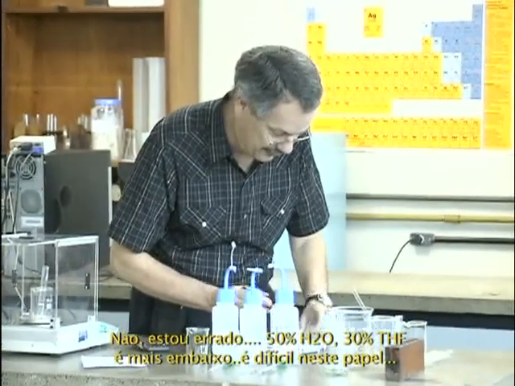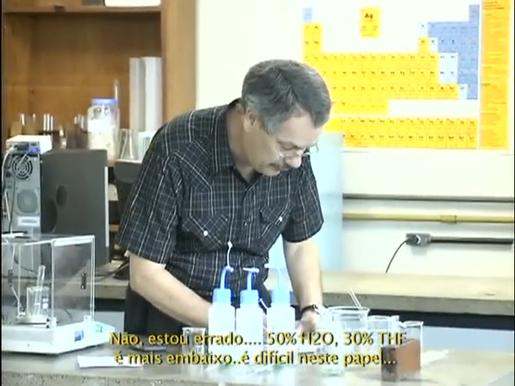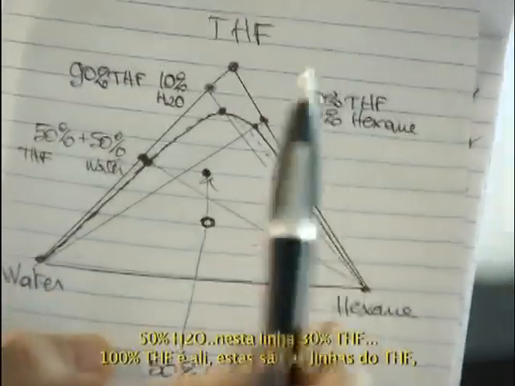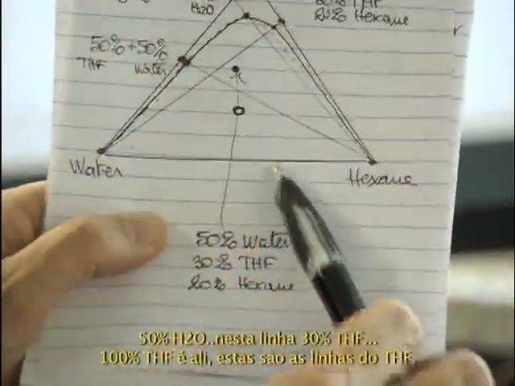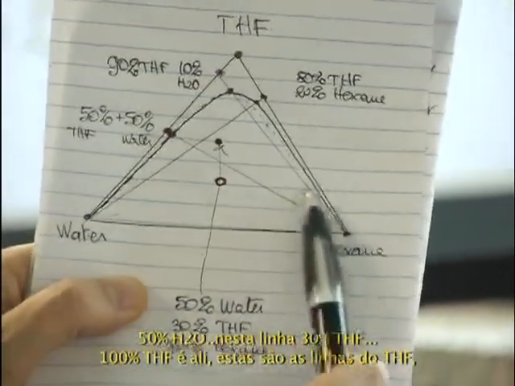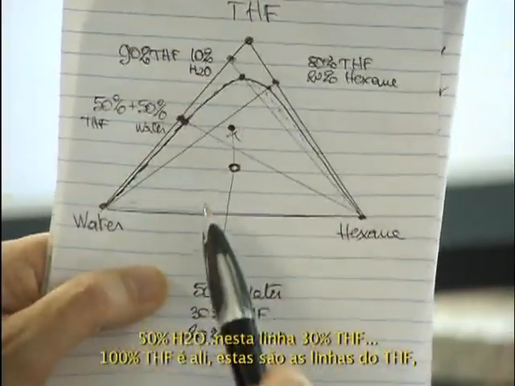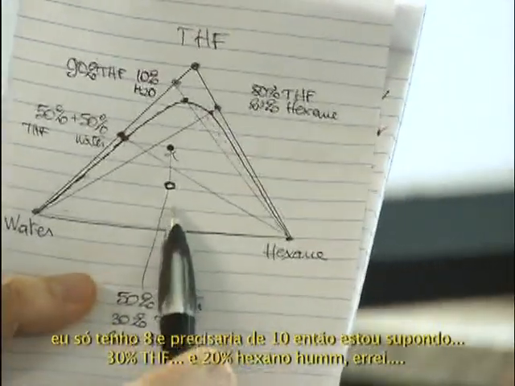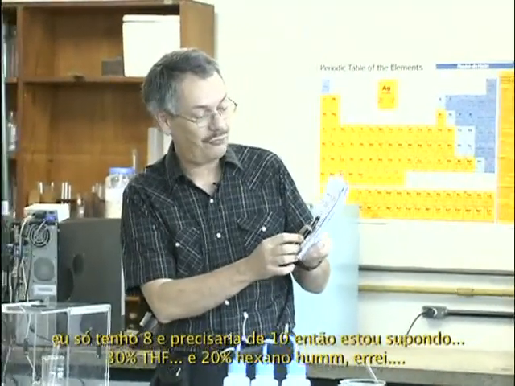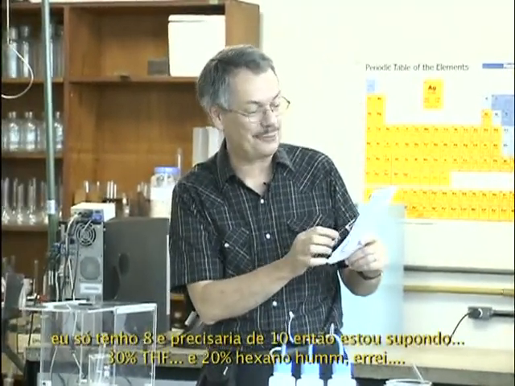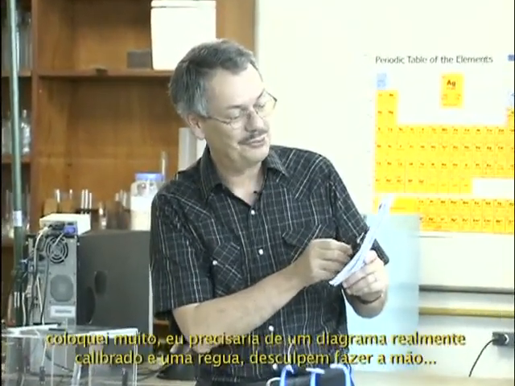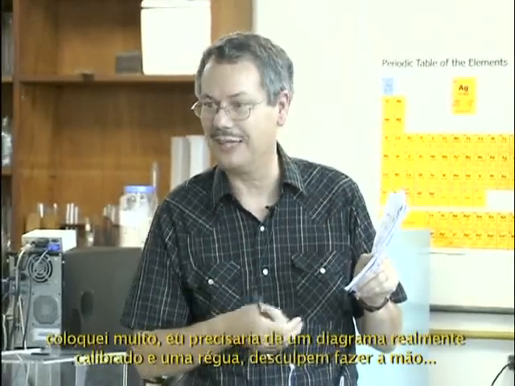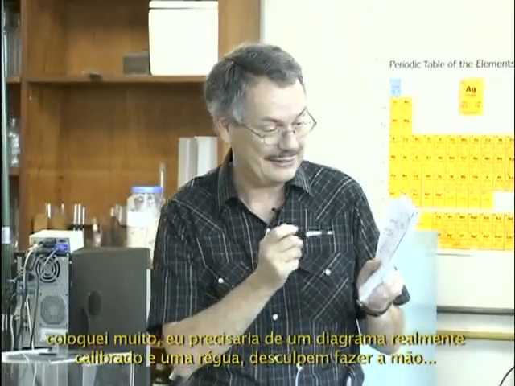It's difficult on such a diagram. 50% water on that line, 30% THF, THF 100% is there. These are the THF line, but I have just 8, no, not 10, so I am guessing. 30% THF and 20% hexane, this is wrong, I put too much. I would need a real calibrated diagram and a ruler. I'm sorry to do it by hand on this.